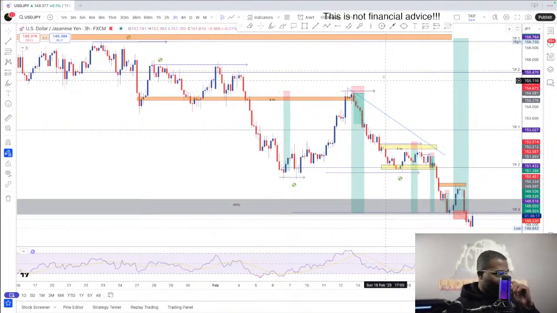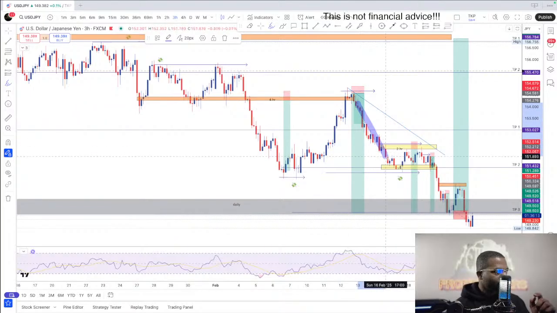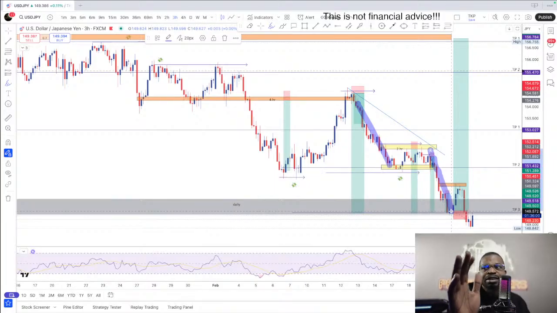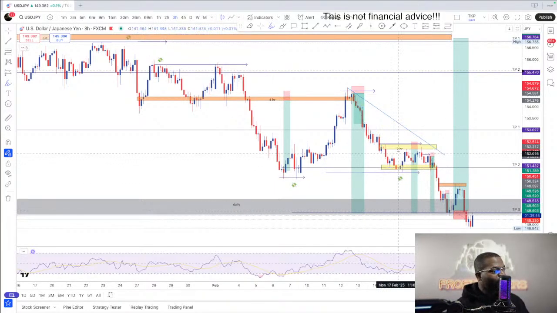And the only thing I'm doing is just catching these impulsive moves. Excuse me. I wait until price consolidates. I add another entry at the high of that consolidation area to catch the next impulsive move.